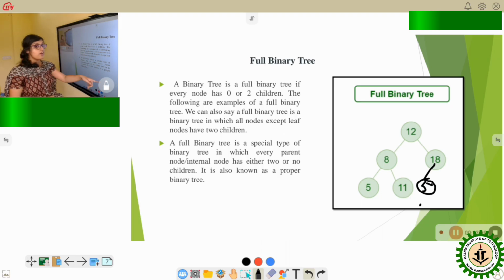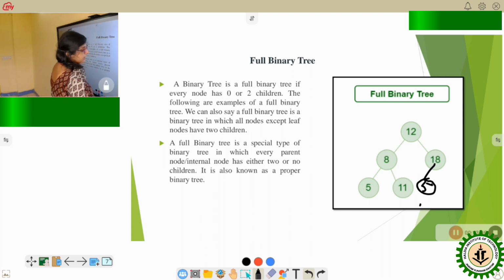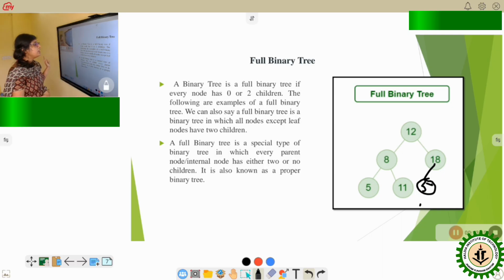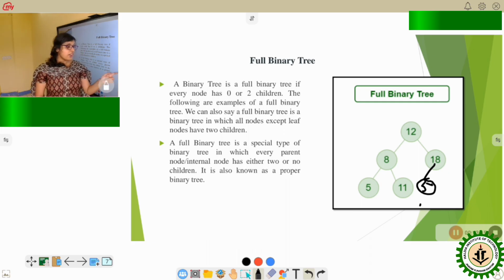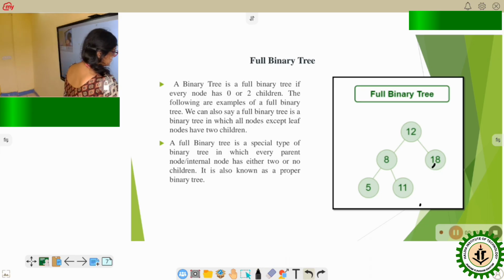No, it is not satisfying the definition of a full binary tree. A binary tree is a full binary tree if every node has 0 or 2 children. But the 18th node has one child, 5. So, the definition is not satisfied. Hence, it is not a full binary tree.